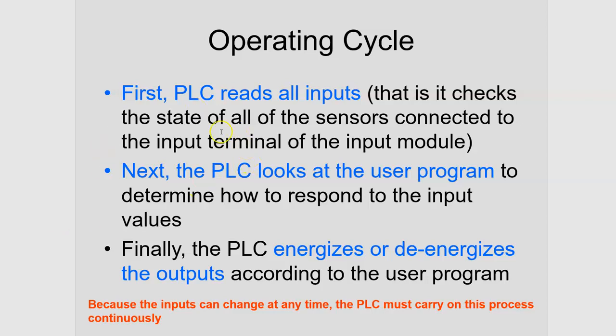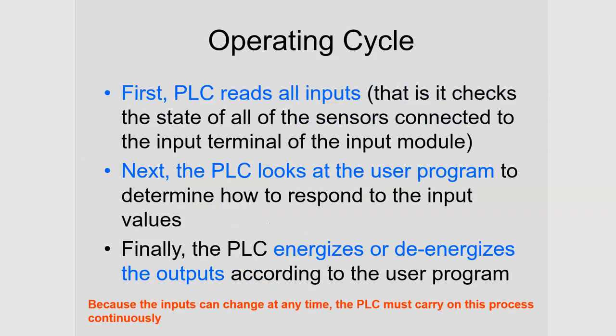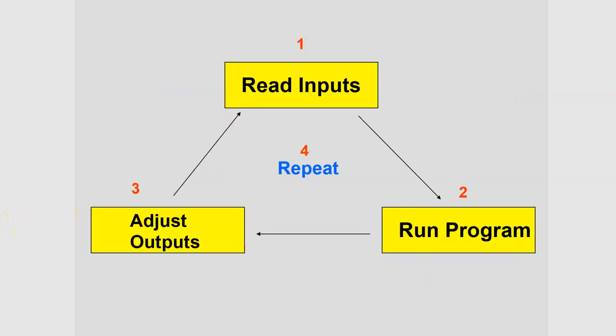So this is a really, really good slide to know in conjunction with this one. So understand this, and then understand this, and then there's actually a pictorial of this one right here. So here's the first thing we do: read the inputs. We run the program. We look at the program. Now, before I run the program, remember in here, I'm updating the input image table.